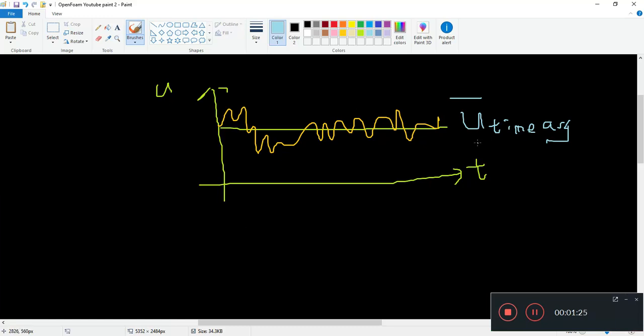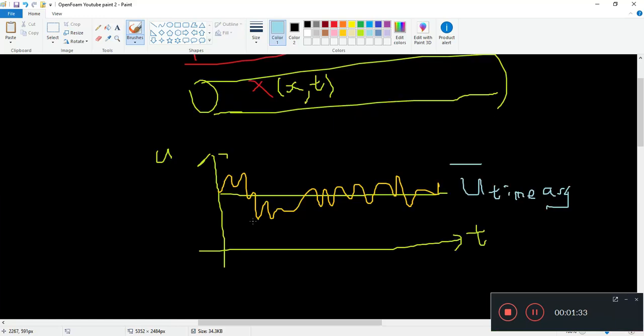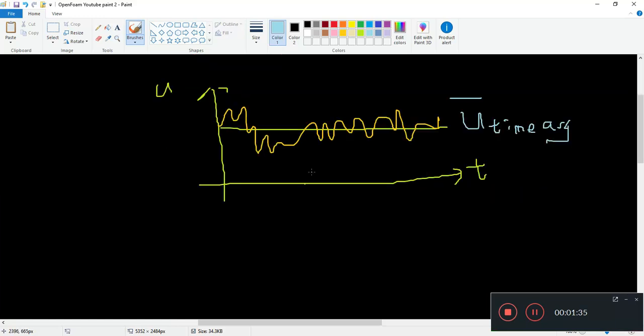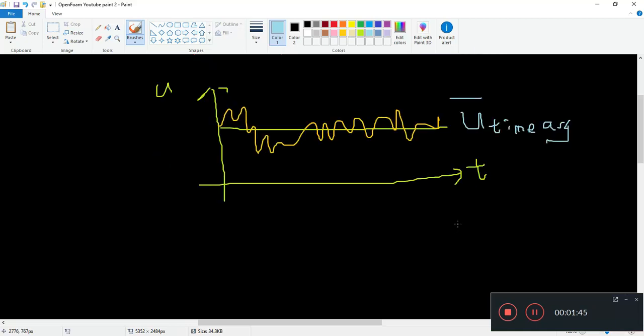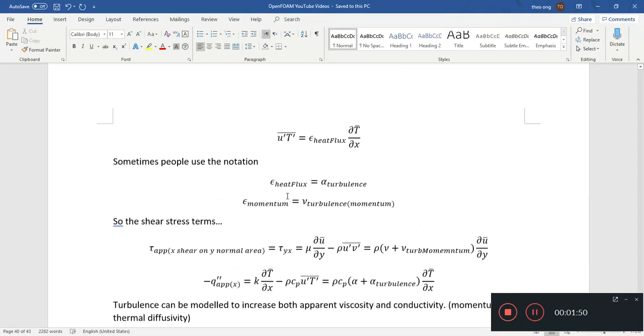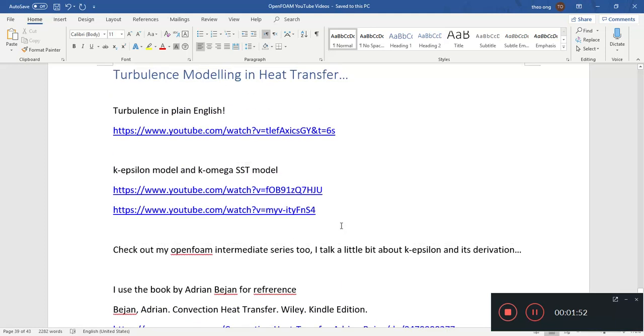You do that for velocity in the x, y, z directions as well as pressure, so you should be able to do that. Now, that has some good things because it's a very low cost computational way of modeling turbulence. I mean, you can go watch some other videos, there are some good videos by other people, but I'll make it short.